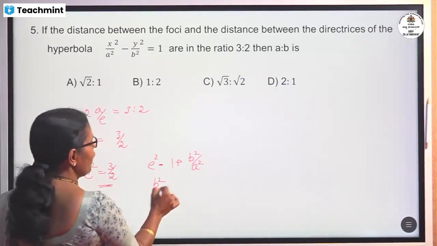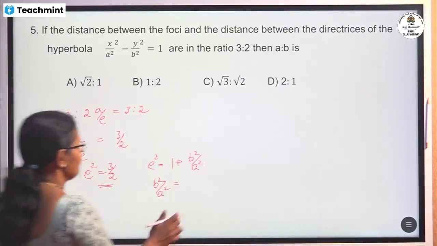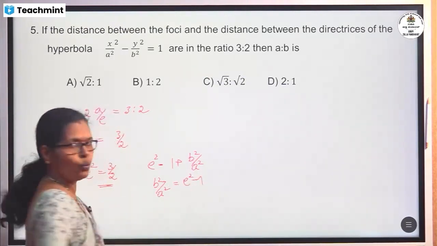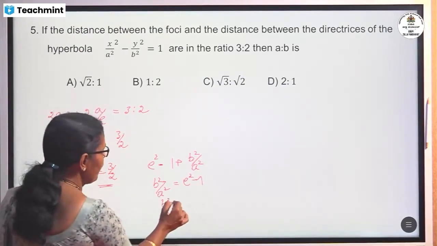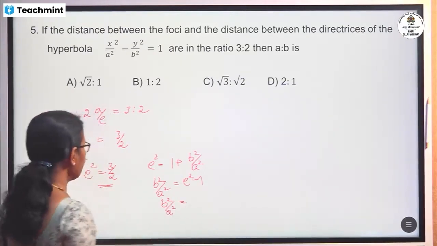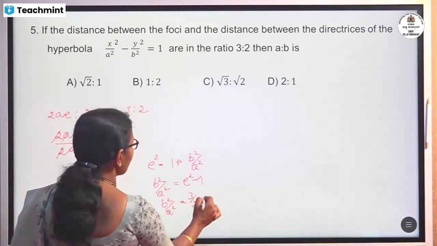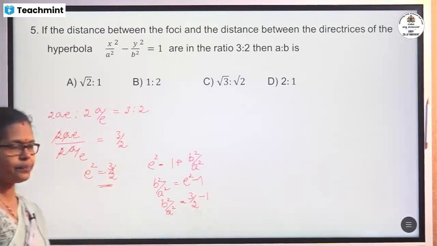Then B square by A square is equal to E square minus 1. Now, we know the value of E square, that is 3/2 minus 1.